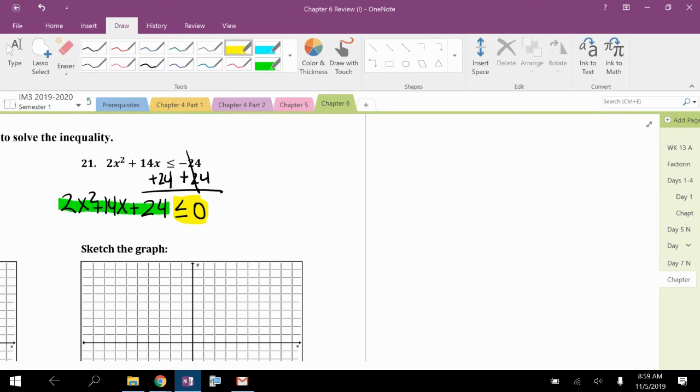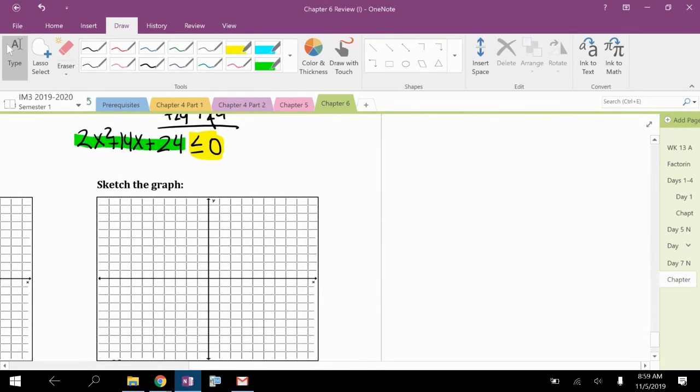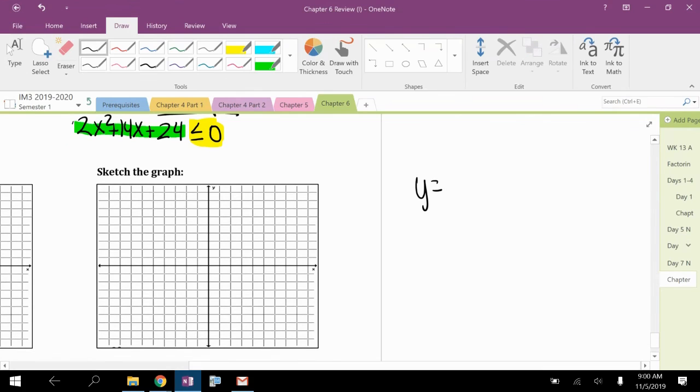Give you a minute. It's really hard to draw on this one because of how small it is. Let me know if you don't know how to graph it. Remember, you press y equals and you type in this green part. And let me know if you get this looking thing.